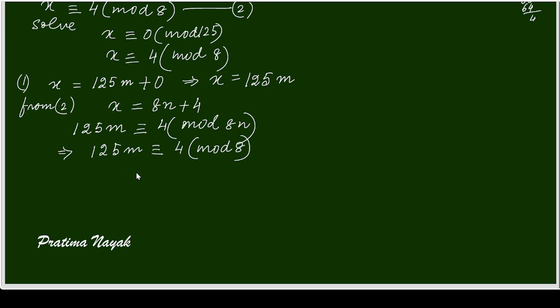Now you have to think of the number by trial method, find m, so that this congruence is satisfied.